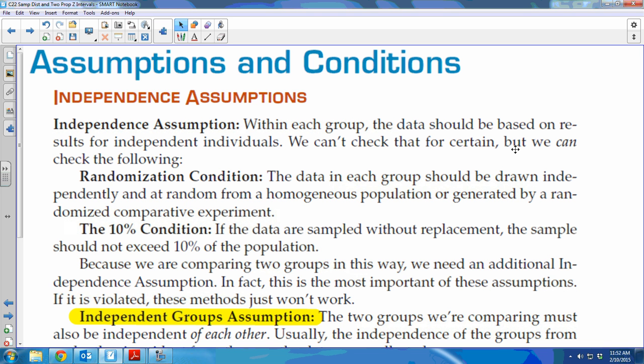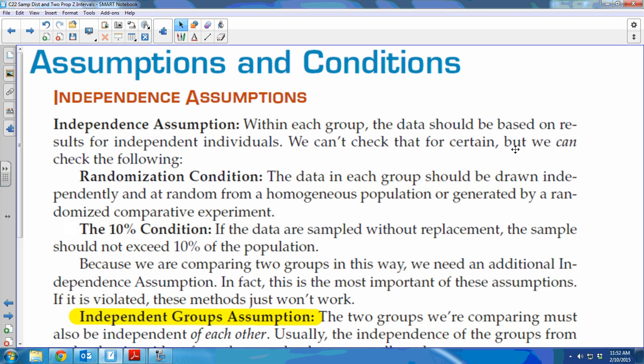So randomization: both groups have to be random samples or a good representation of their populations. If I'm going to see the proportion of people wearing blue in school today, maybe I do a simple random sample of the boys and a simple random sample of the girls. I've randomly sampled in both groups, and you need to say that. You need to say that both groups were selected at random.